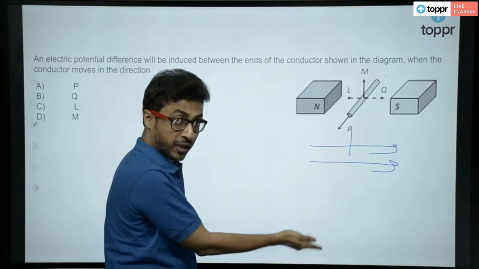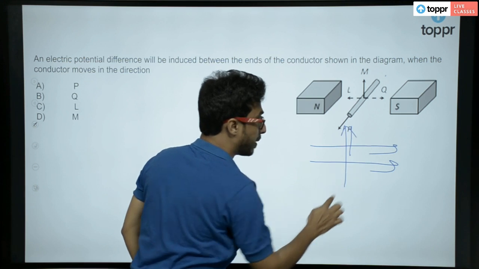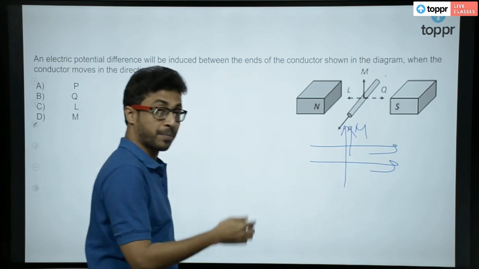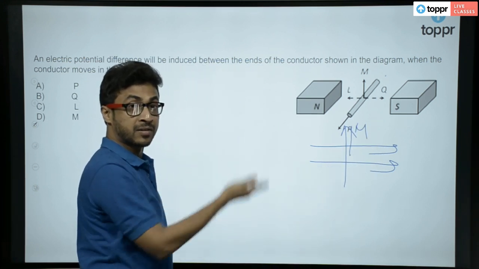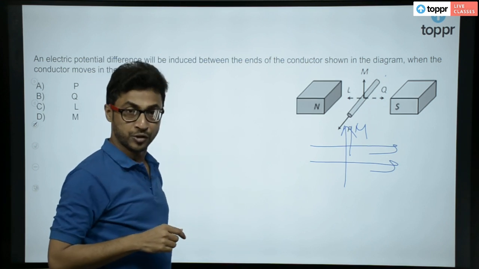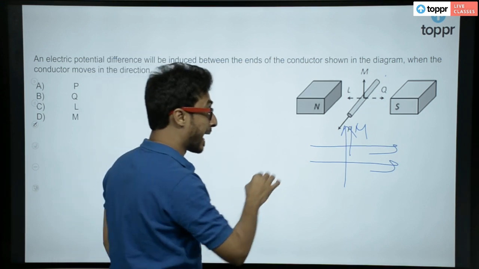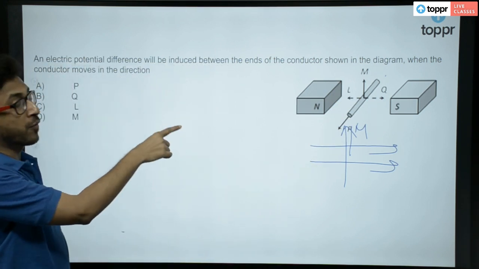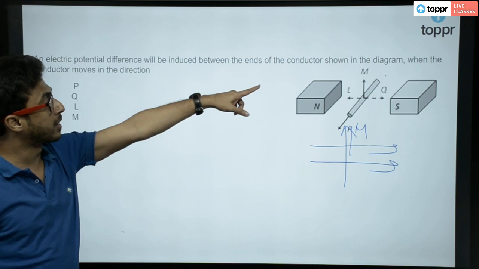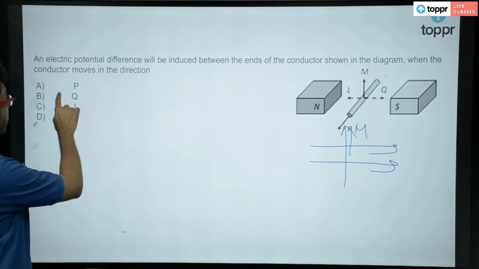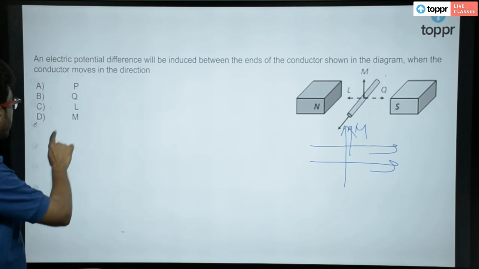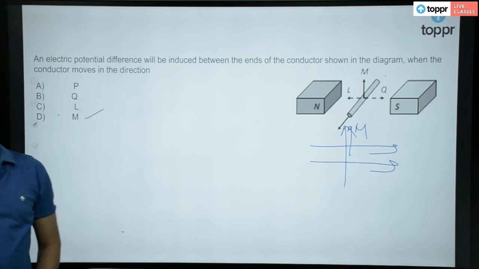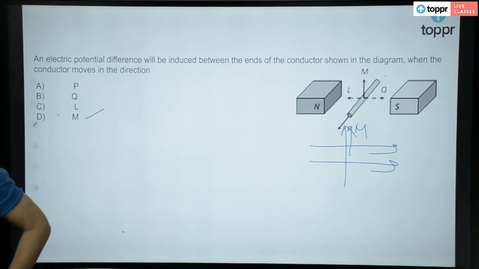If we move the conductor up, in the direction of M, then only the conductor is cutting the magnetic lines of force. Clear? And hence, electric potential difference will be induced only when the conductor is moved in the M direction. That is, the answer is D. Clear?